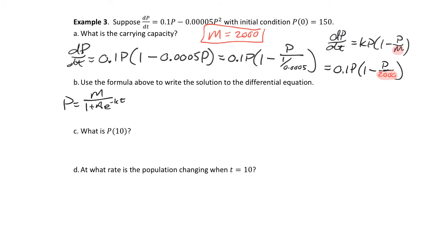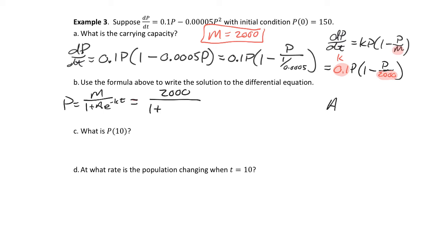I know what m is. K is the coefficient in all of this business, so this is going to be my value of k. A, we have to figure out. So I'm going to start writing it all in. This equals m, which is 2,000, over 1 plus, okay, I'll take a break here.